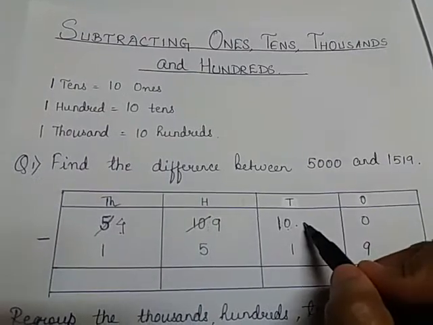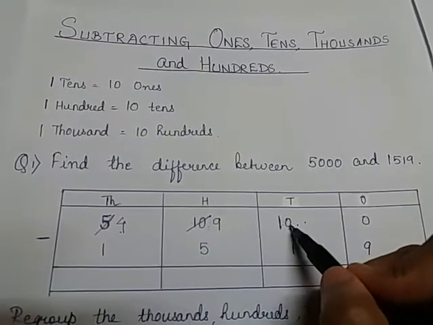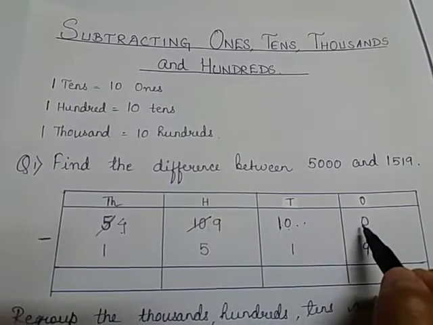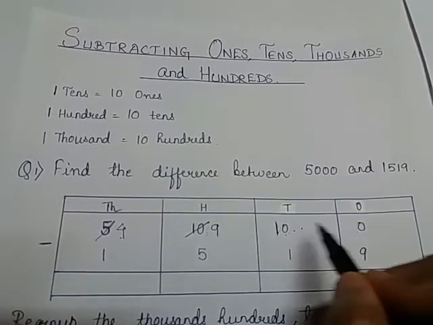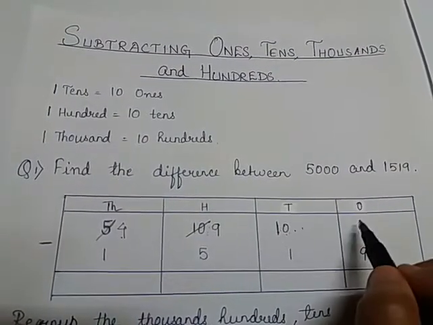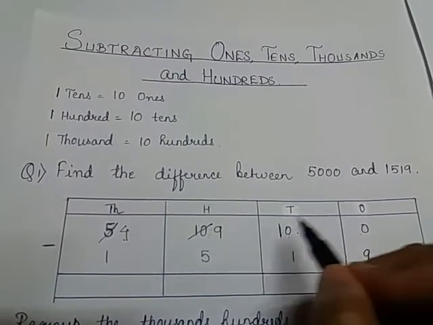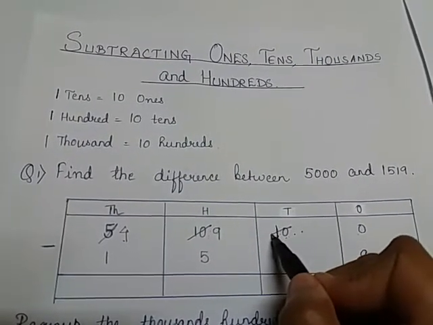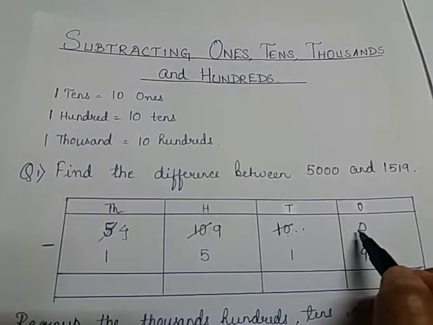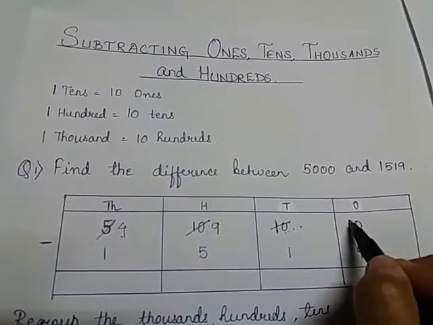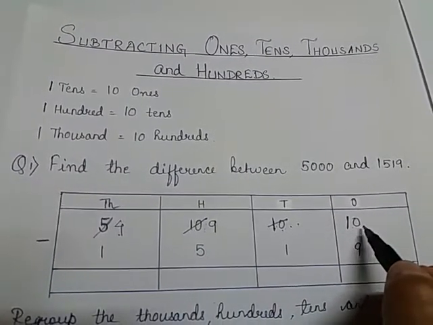Now let's come to this. Here we have got 10, here we have got 0. So we have to take 1 ten from here, because we know that 1 ten is equal to 10 ones. So again we are going to take 1 ten from here and add it here. So here we will get 10.